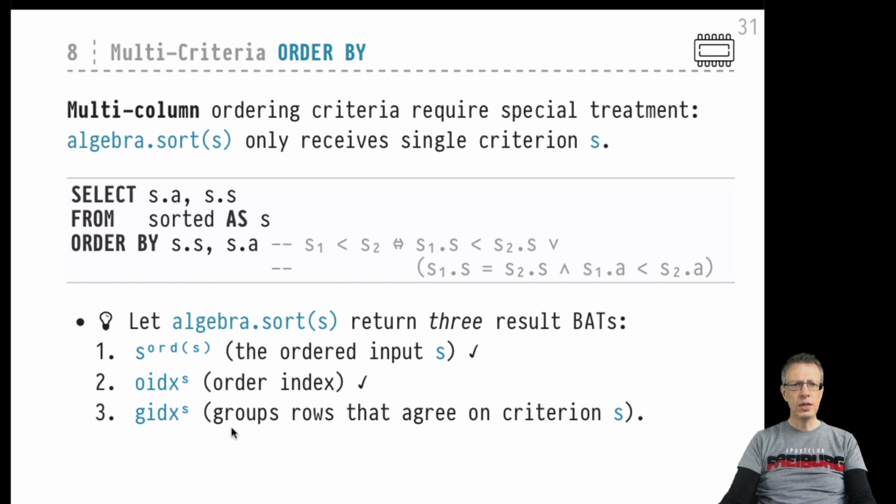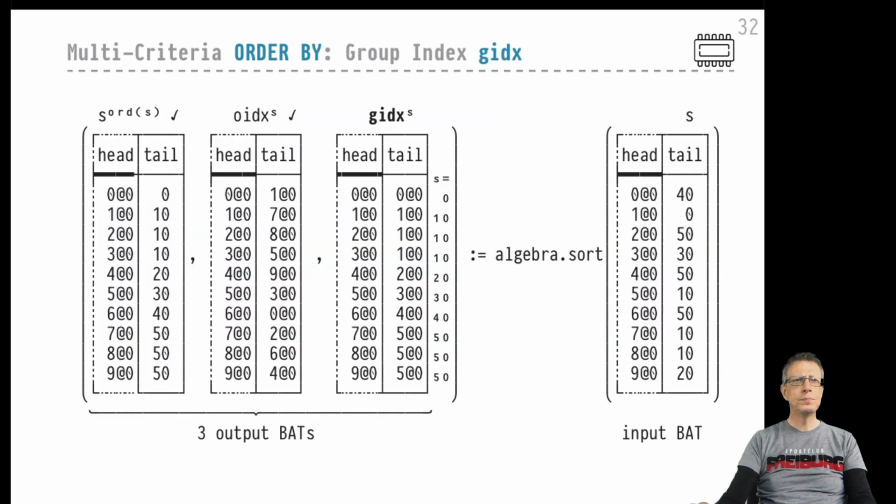So let's see how this group index of column S looks and how it's being used in such multi-criteria order by. This would be the S BAT, the original S BAT that is still unsorted, and we would feed this into our algebra.sort operation. Out of that come three output BATs.